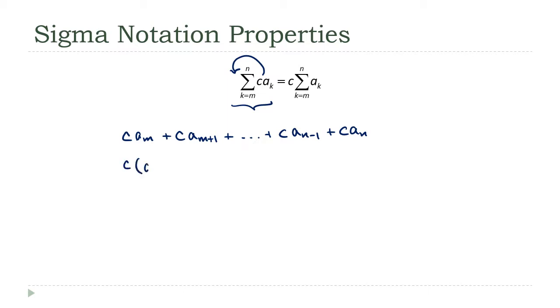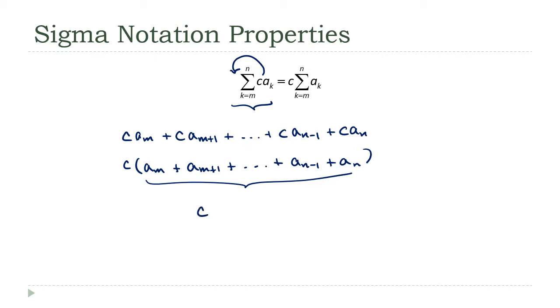This is c times a sub m plus a sub m plus 1 plus all the way out to a sub n minus 1 plus a sub n. And now look at what we've got here. We have a sum of a collection of terms. Awesome. I can write that using the sigma notation. This is c times the sum k equals m to n of a sub k. And that is exactly where I wanted to end up. Right? That's what we wanted to show.